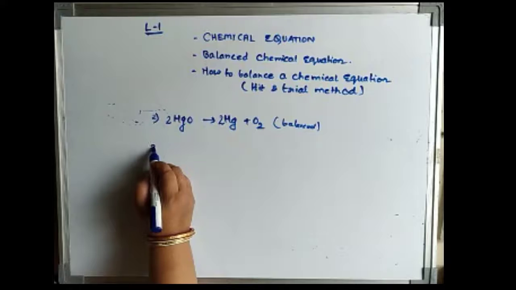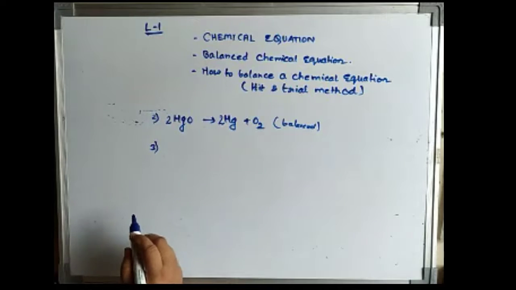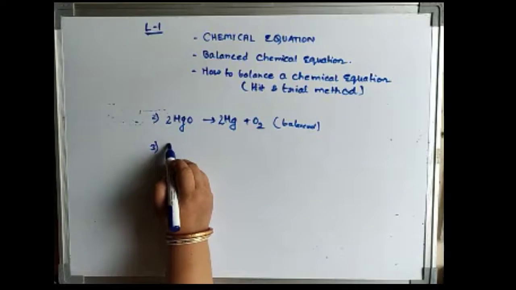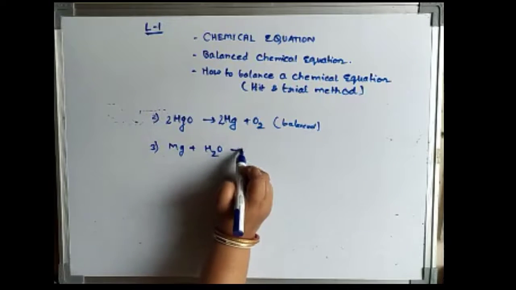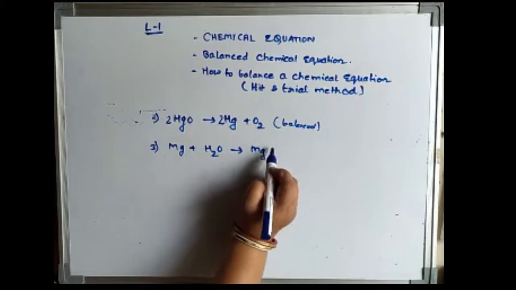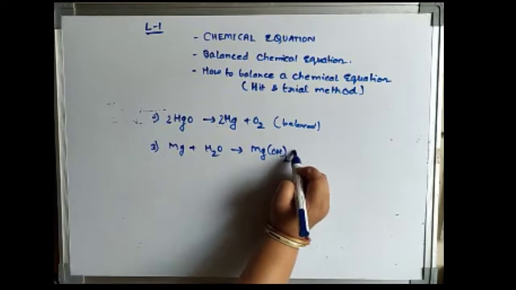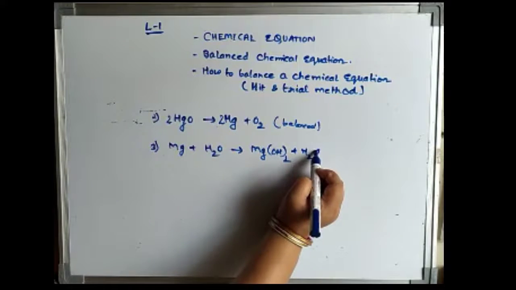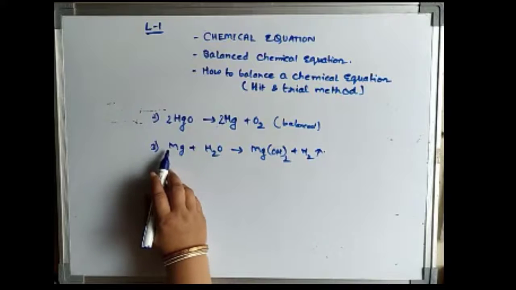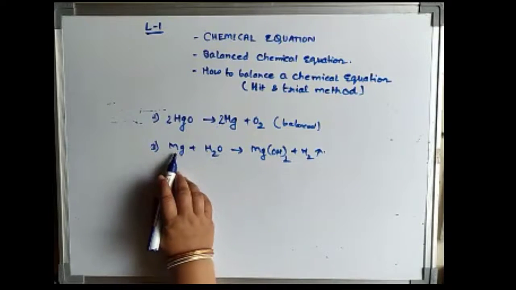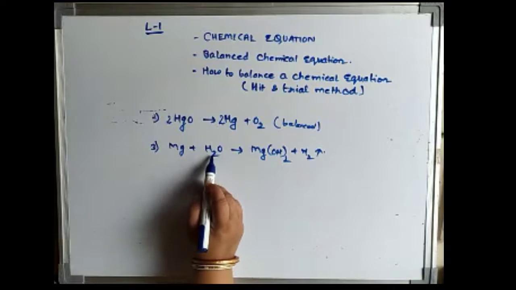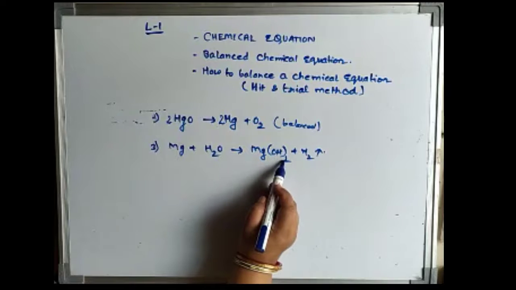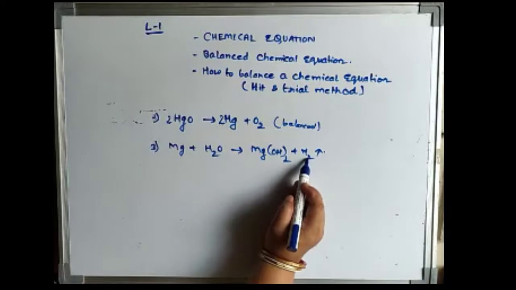This is another example. One more example you can also take. Magnesium plus water gives magnesium hydroxide plus hydrogen gas is liberated. Now you see that in magnesium plus water, magnesium here 1 atom, here also magnesium 1 atom. Hydrogen here 2 atoms, hydrogen here 2 plus 2, 4 atoms.